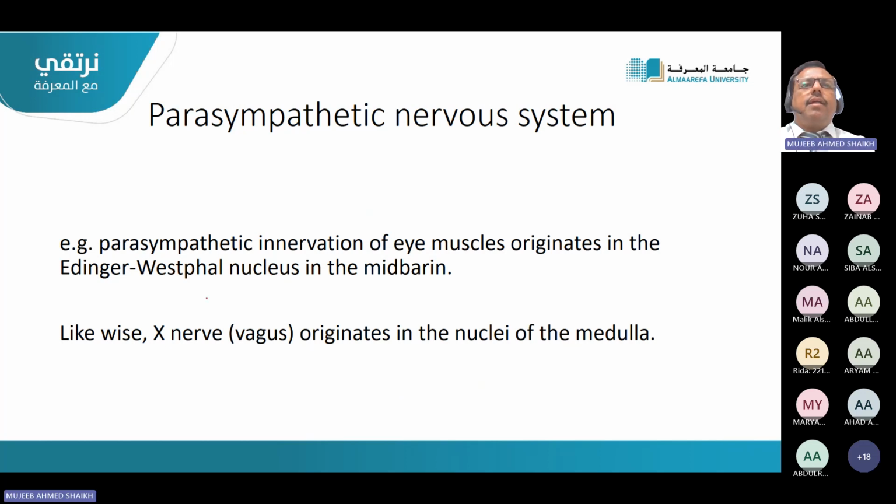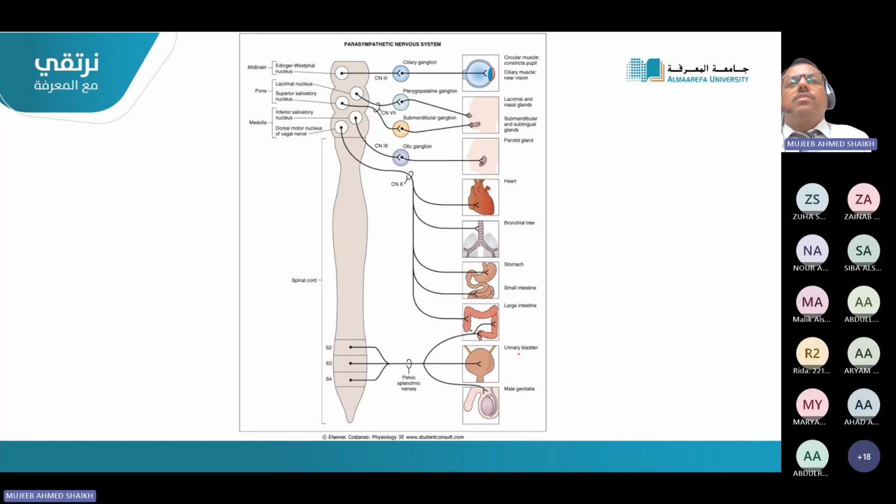Just as an example, the parasympathetic innervation to the eye muscle originates from a nucleus named the Edinger-Westphal nucleus in the midbrain. Similarly, the 10th cranial nerve, known as the vagus nerve, originates in the nuclei of the medulla and supplies various organs.